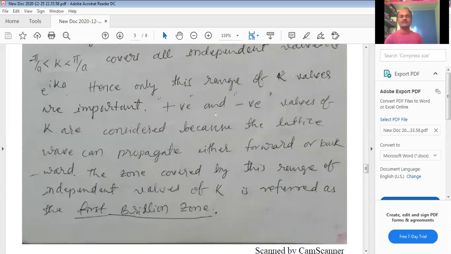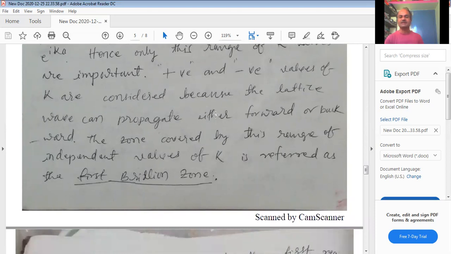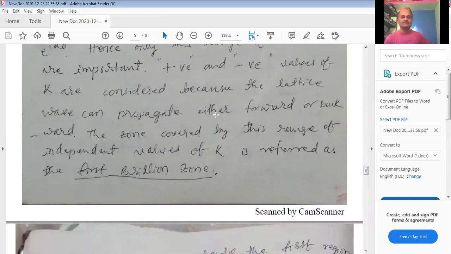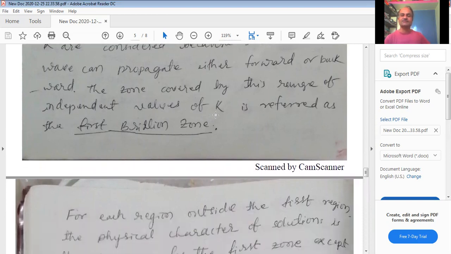The positive and negative values of k are considered because the lattice wave can propagate either in forward or backward direction. So, the zone covered by this range of independent values of k is referred to as the first Brillouin zone. That means for k equal to plus or minus pi by a range, that is called the first Brillouin zone.